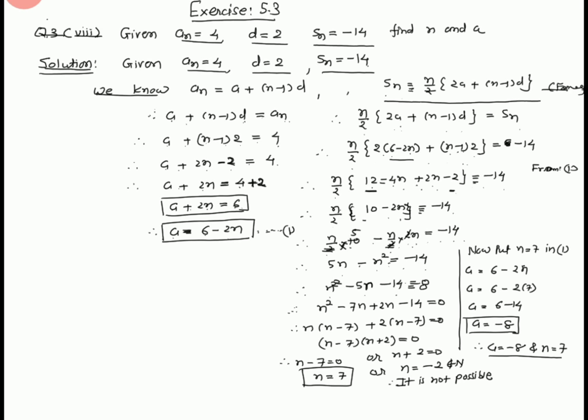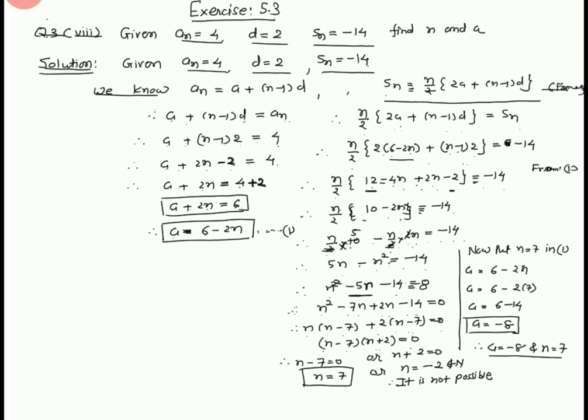Now we factorize this. n square minus 7n plus 2n minus 14. We split the minus 5n in two parts: minus 7n plus 2n, equal to minus 14. n is common. n into n minus 7 plus 2 in bracket. n minus 7 into n plus 2 equal to 0.